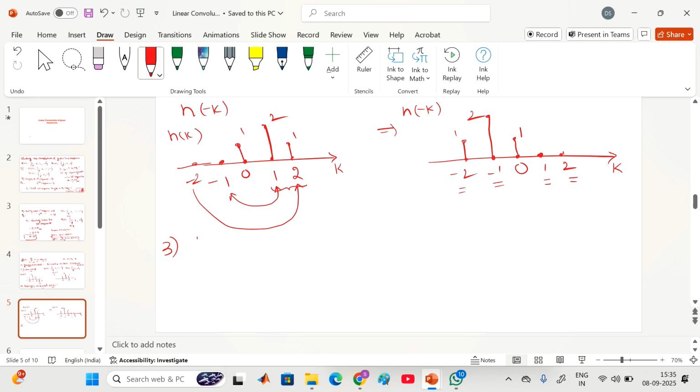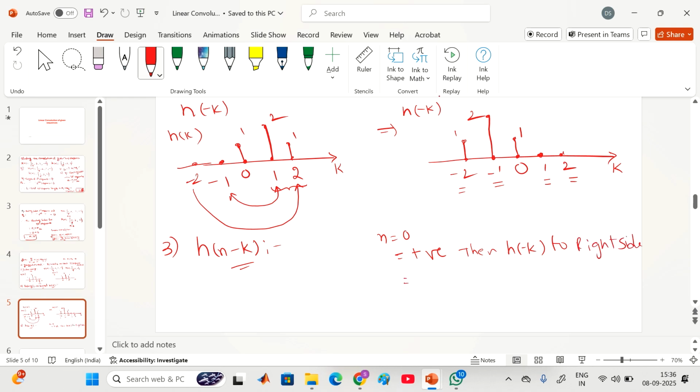Now using the formula, I have h of n minus k. Already I have determined h of minus k. Now I need to determine h of n minus k. The n value I have already determined, that is n is equal to 0. Depending upon the n value, if n is positive, then h of minus k will be shifted to the right side.